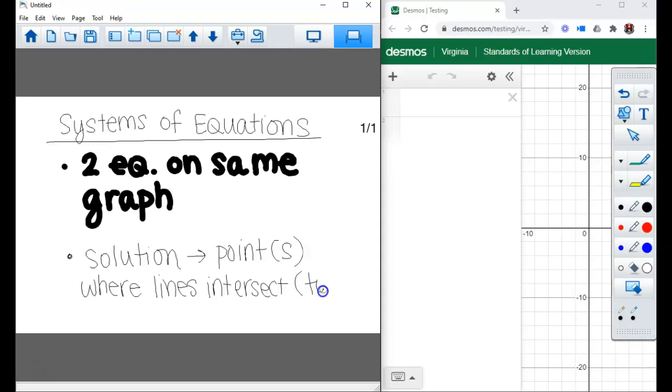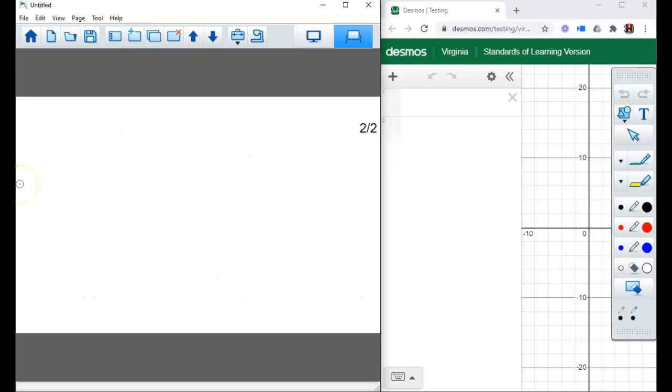Or touch, however you want to say that. So a system of equations is two equations on the same graph. And the solution, when they ask us to find that, is the point or the points where the lines intersect or touch.